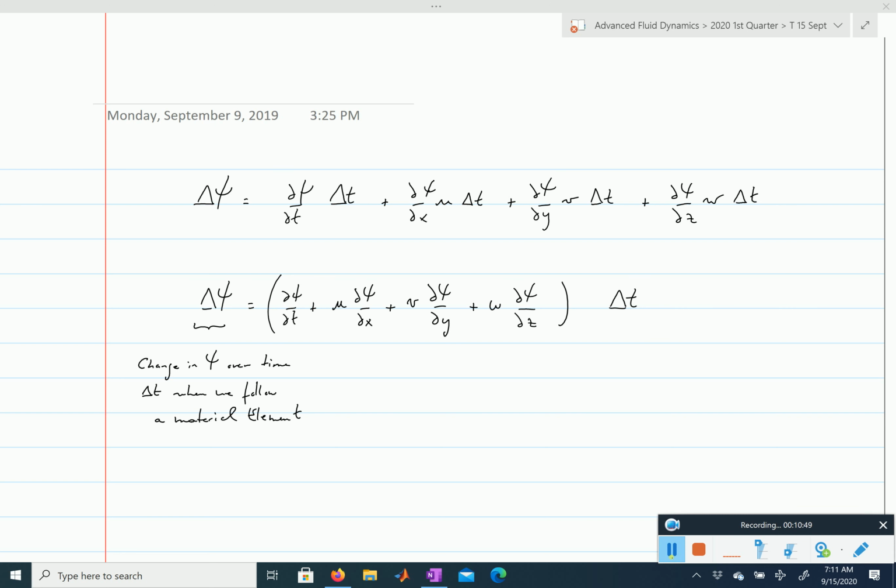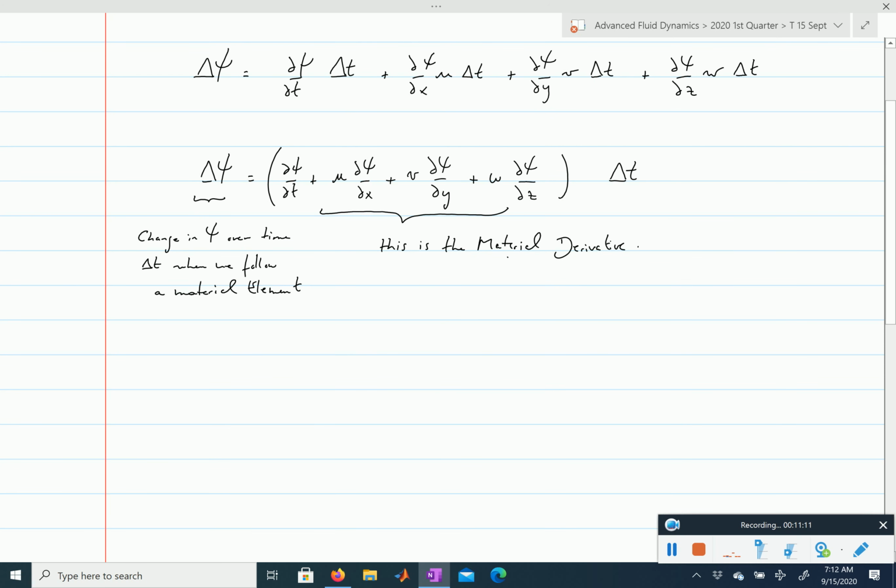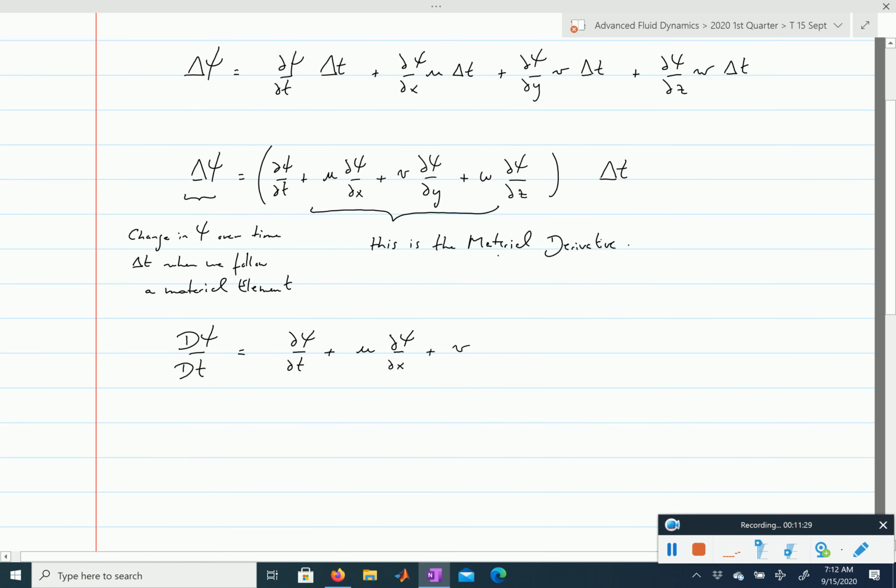So if you divide both sides by delta t, you have delta psi over delta t. You see that this looks like a derivative, and that is the material derivative. We don't write it with deltas, we write it with capital D's. So we write capital D psi, capital D t is equal to partial psi partial t plus u partial psi partial x plus v partial psi partial y plus w partial psi partial z.